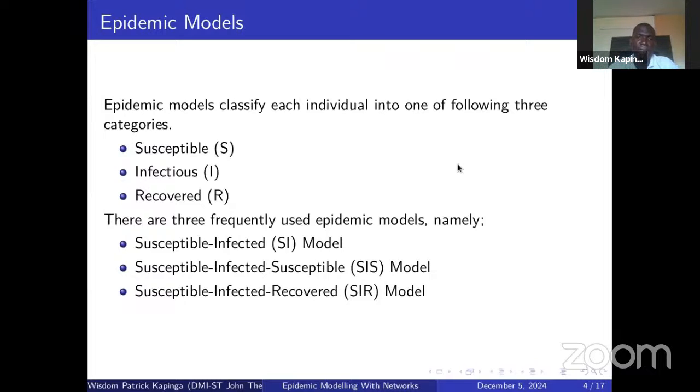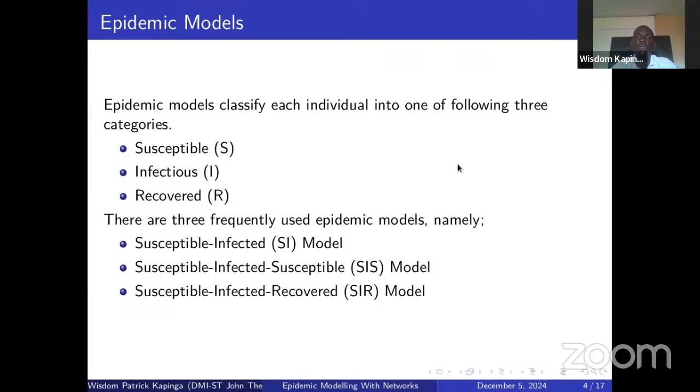And the last frequently used model is the SIR model, whereby you are susceptible, or you got infected, or you got recovered, and after you recover, you become immune, or sometimes there's a possibility that you might also die from that particular disease.